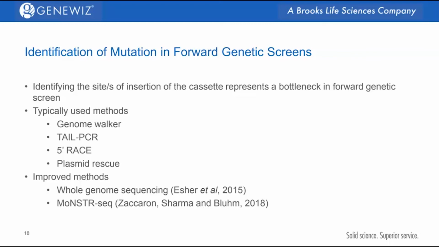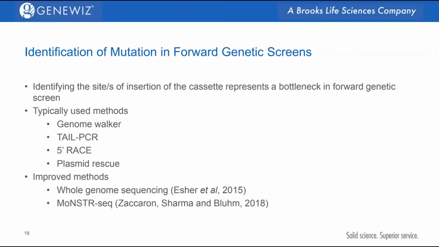Typically used methods were Genome Walker, TAIL-PCR, 5' RACE, and plasmid rescue. Although these were previously used, they were really cumbersome, you needed a lot of sequencing to be done, and you could spend many days doing Genome Walker before you could identify the mutation in a single isolate.